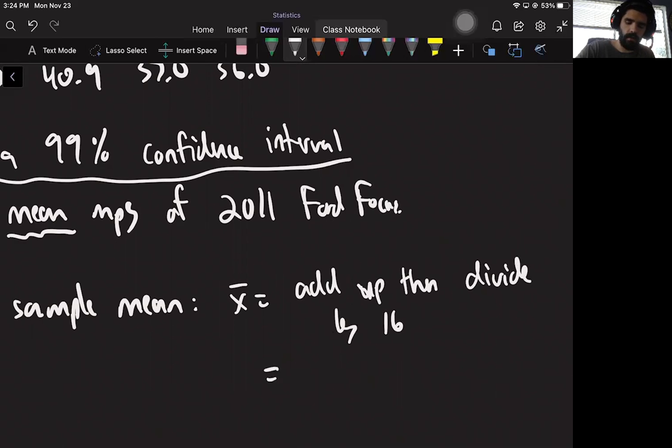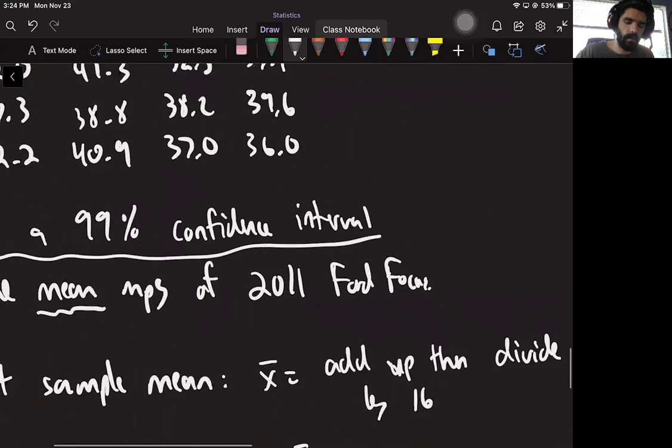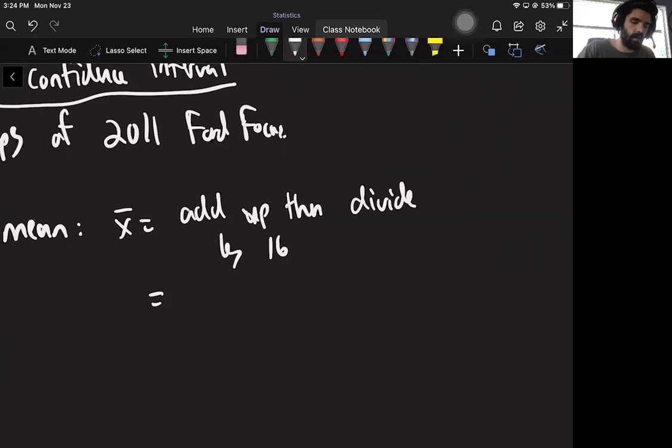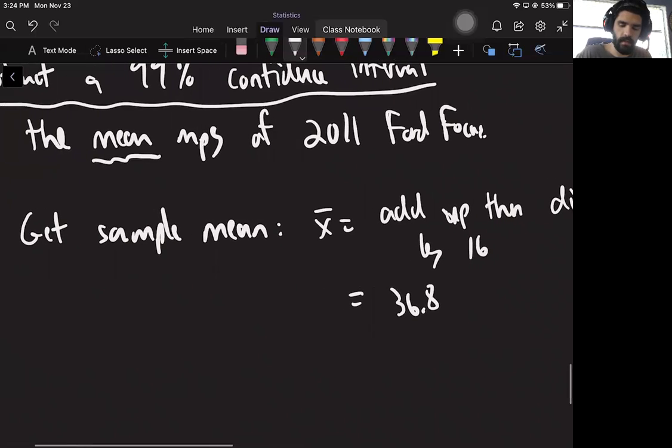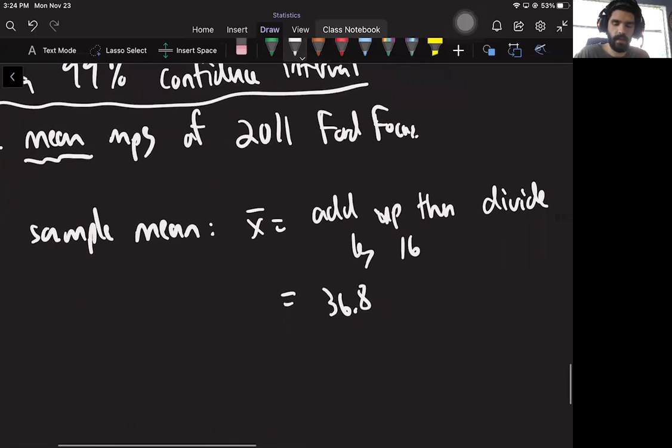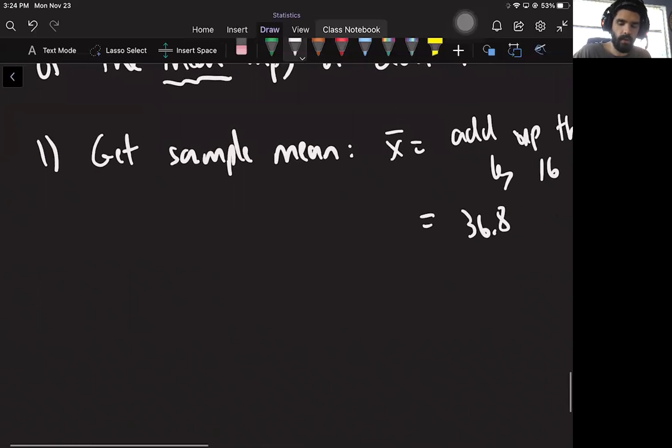You can use a calculator to check your process, and you'll end up with 36.8. The process is more important than the specific answers. So that's our point estimate, the sample mean that we're going to construct a confidence interval around.